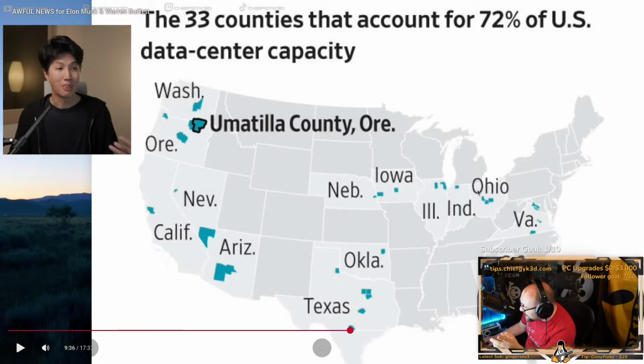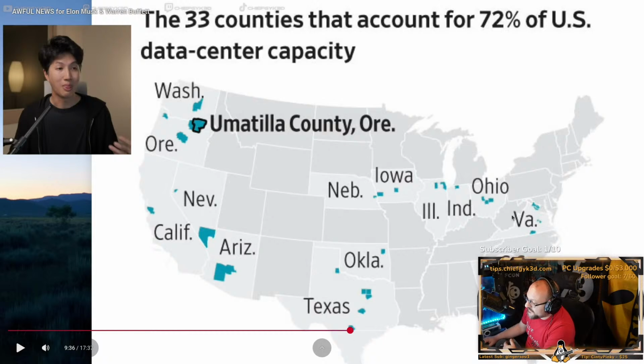But it's also climate. So you need to have several concerns when you're doing a data center. You have power. You have internet. You have cooling, so climate. And then also access to water, which plays into the cooling.